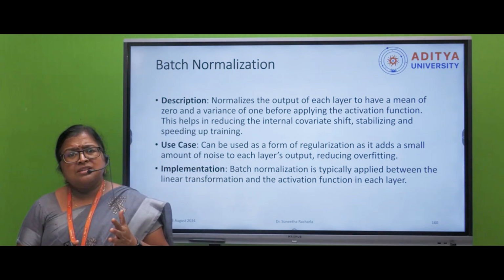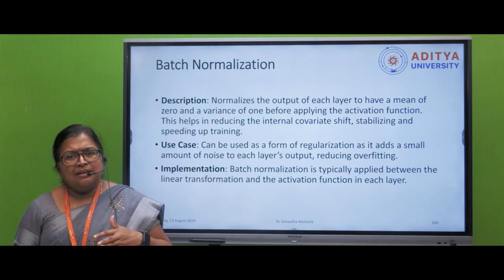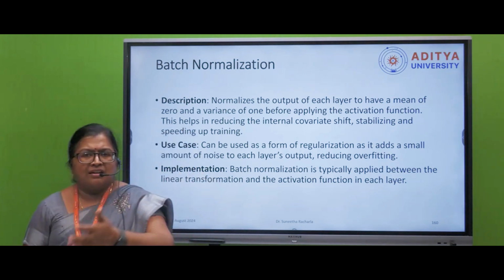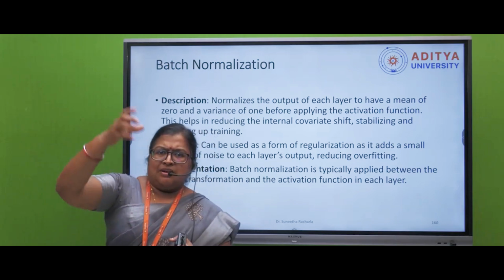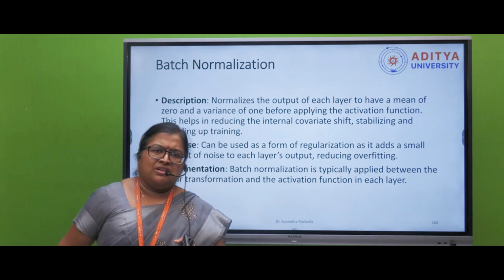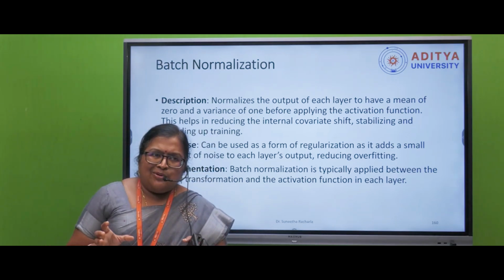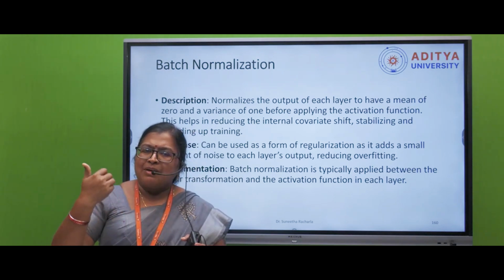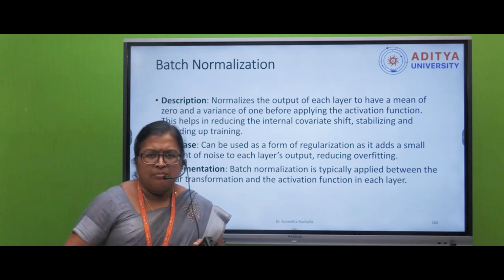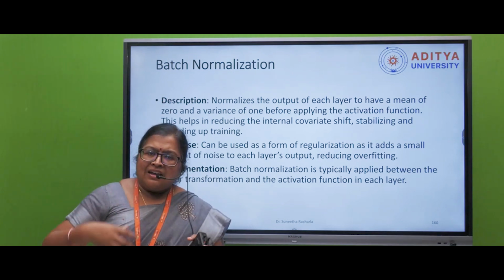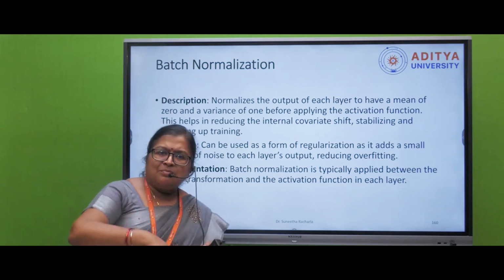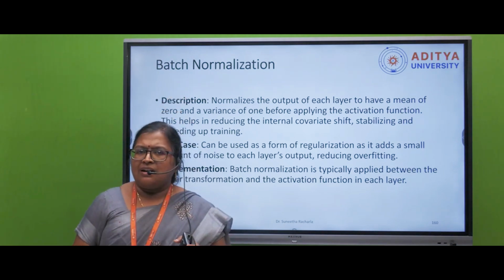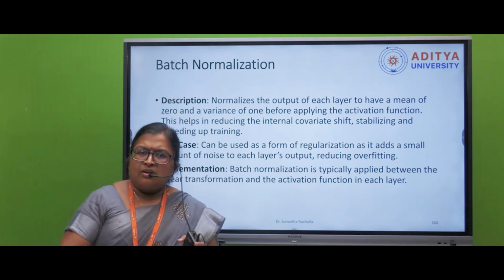Suppose I have an Excel table, and in some column I have values like 10, 100, and in another column 10,000, 20,000, or 30,000. I'll use some functions like the mean, or take the maximum number from that column, or take a constant number, and divide or take the differences of that column or rows from that number.